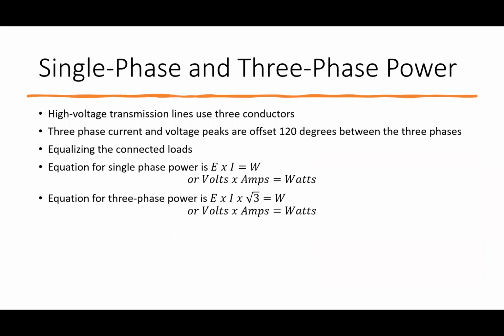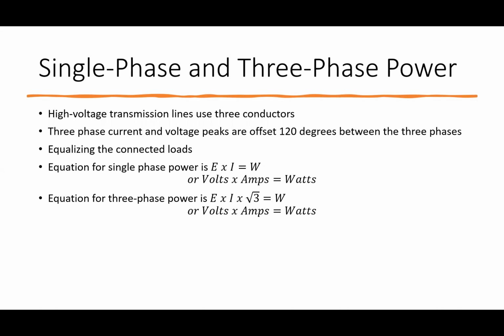There are two types of power that we'll be talking about: single phase and three phase power. These are transmitted over high voltage transmission lines using three conductors. We use three conductors because utilities generate three phase power. This causes the current to flow between three separate conductors.